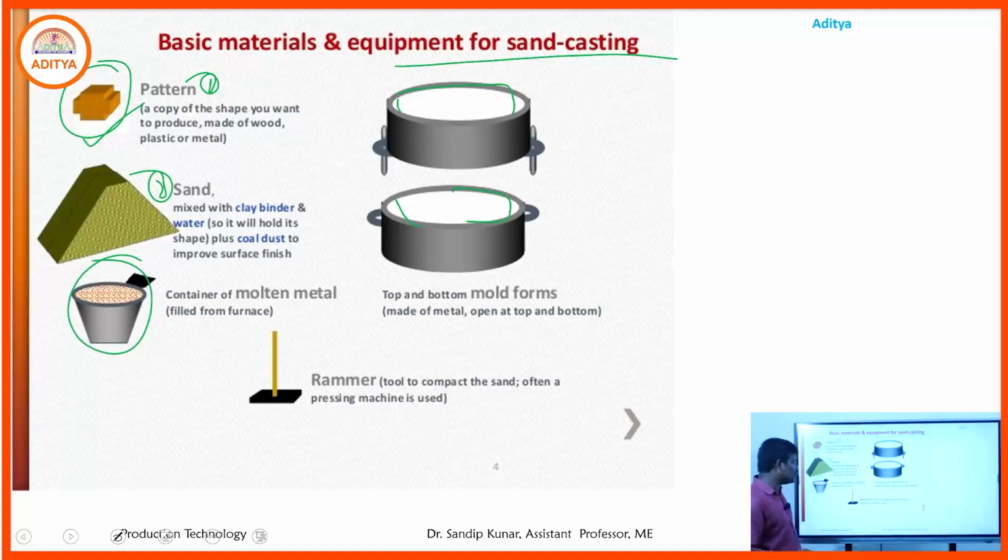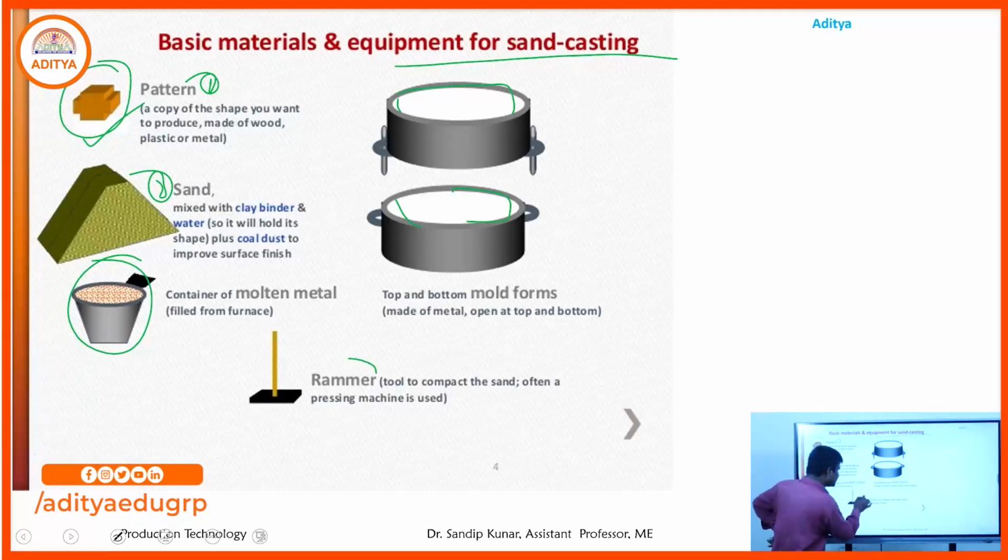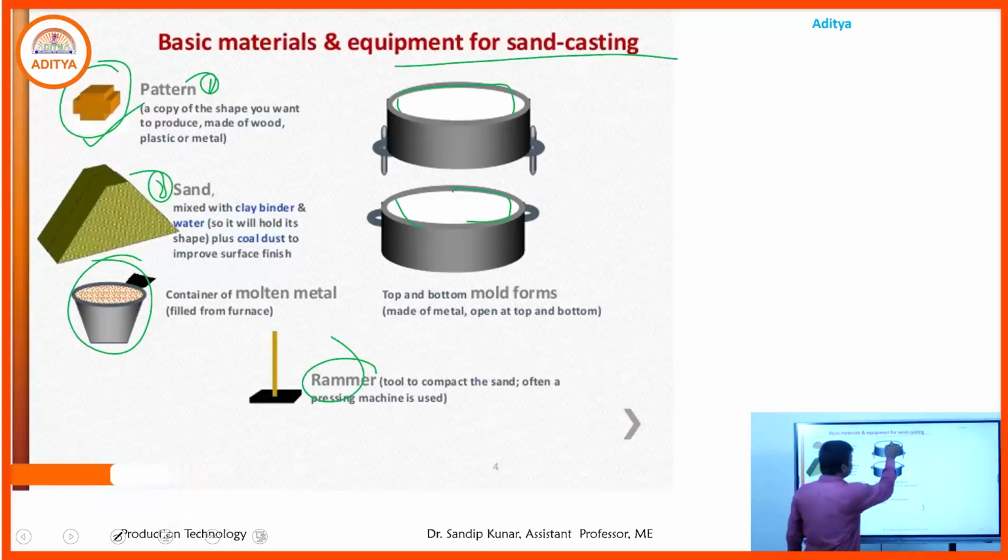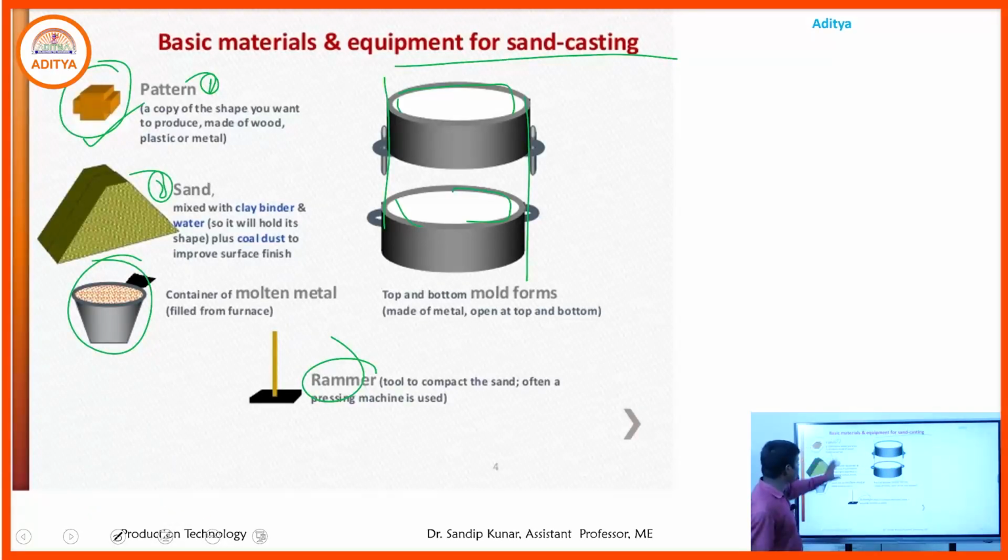Fourth is the rammer, a tool used to compact the sand in the mold cavity. These are the required parts for the sand casting process: pattern, sand, container and rammer.